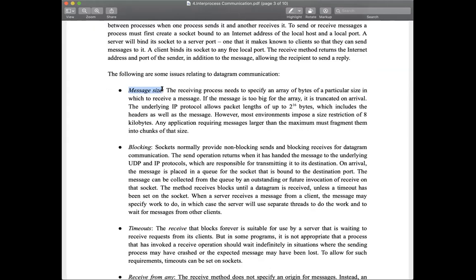In network communication, there is a maximum size of data that the network can handle. So the message can reach the given maximum size, or sometimes it can be lower than the maximum size.